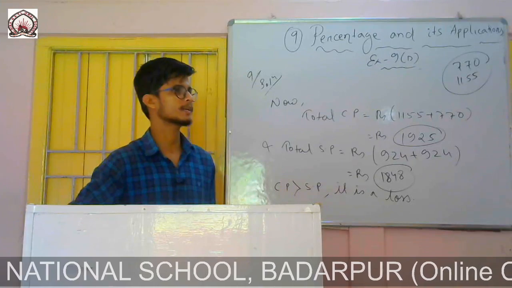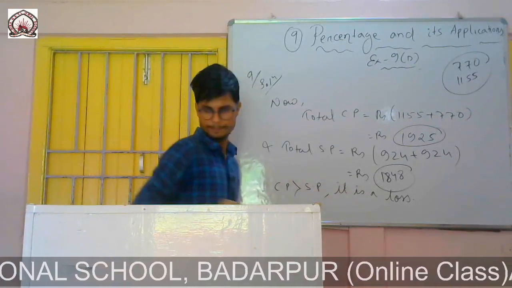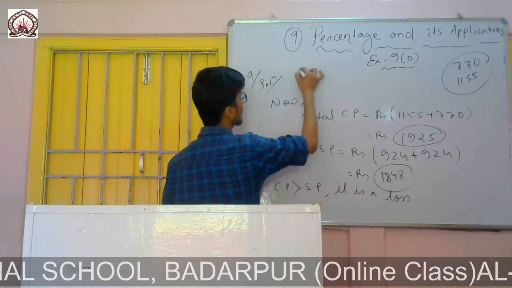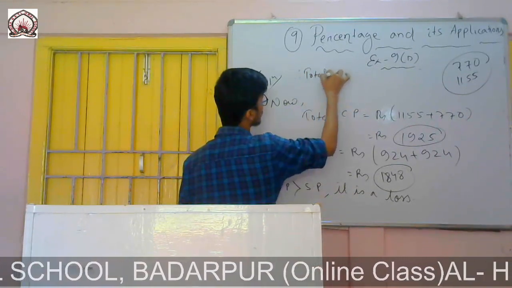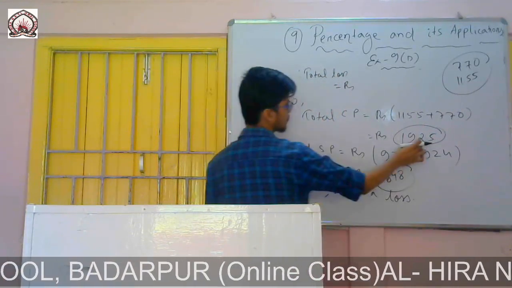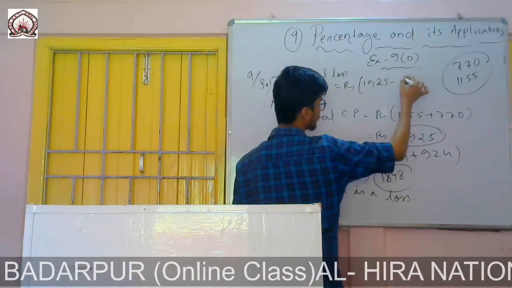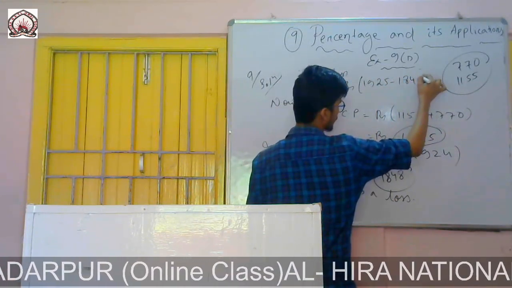So now we'll find the total loss. The question is to find the total loss. So therefore, total loss is equal to rupees, this one, cost price is 1925 minus selling price, it is 1848.